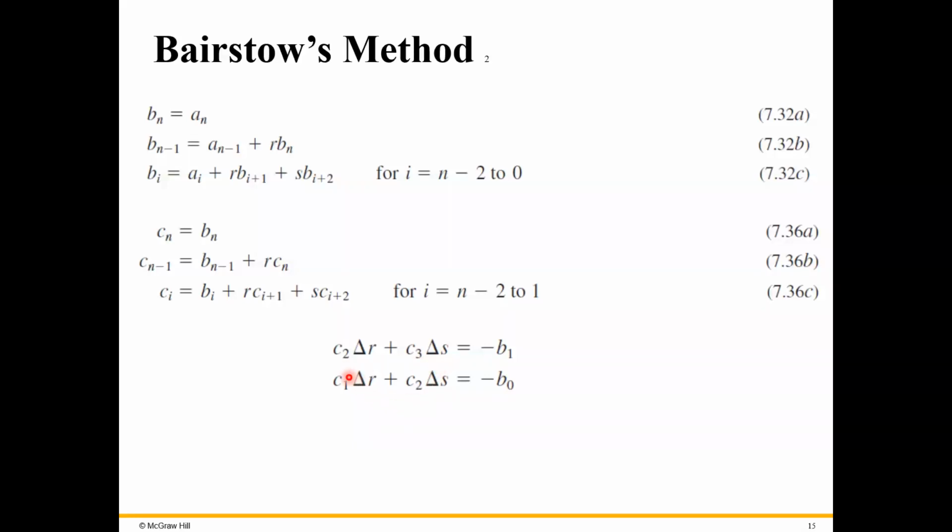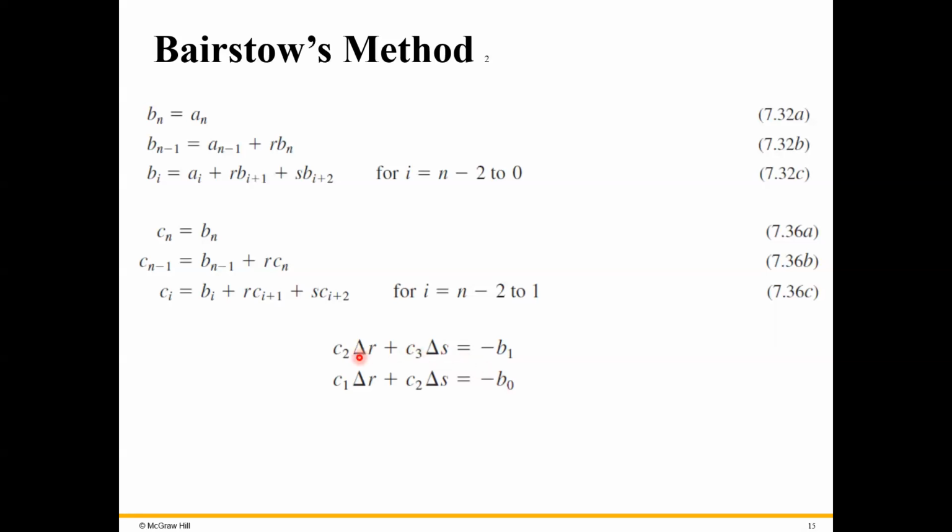The coefficients are c1, c2, and c3, which we have already calculated, and all depended on the coefficients b. On the right hand side, we have minus b1 and minus b0.